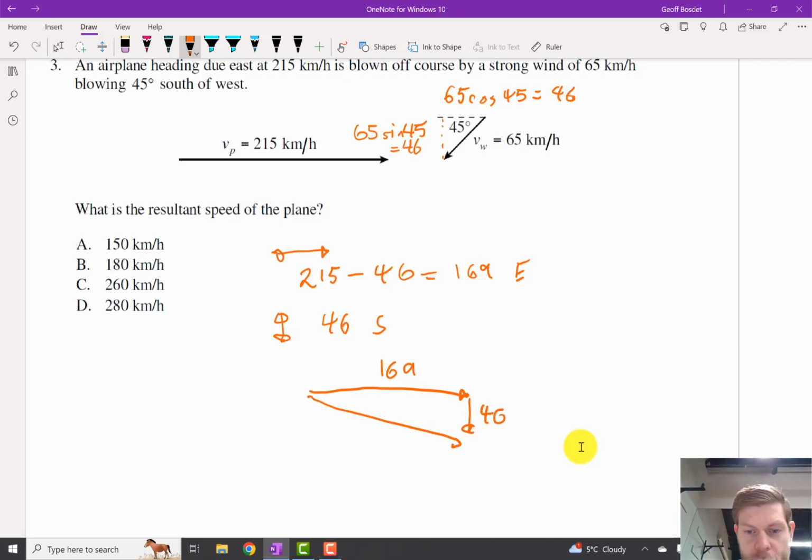And then we can find the hypotenuse with Pythagoras. So our velocity of the plane relative to the ground is just going to be 169 squared plus 46 squared, all square rooted.